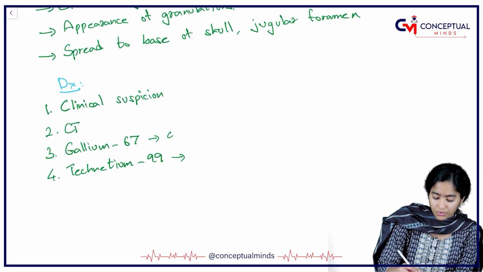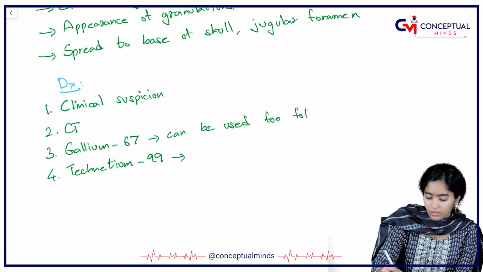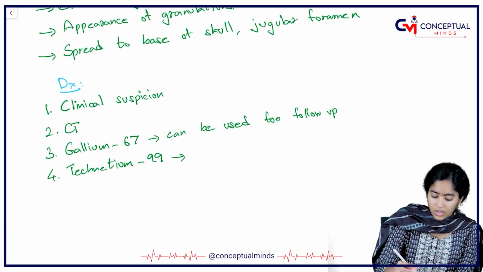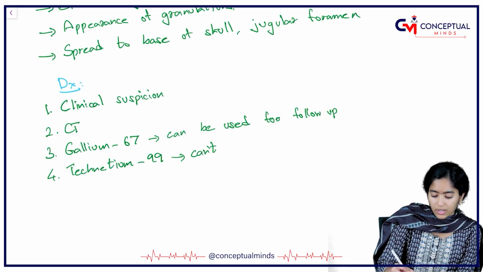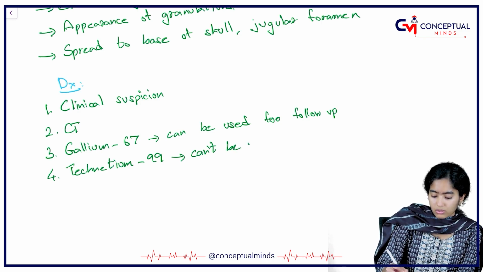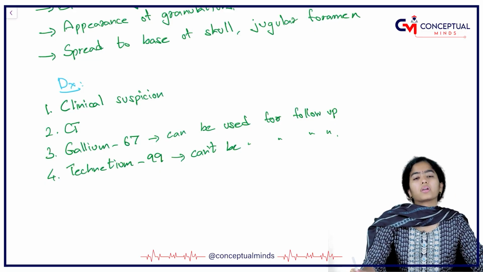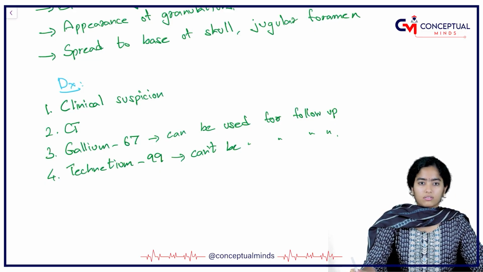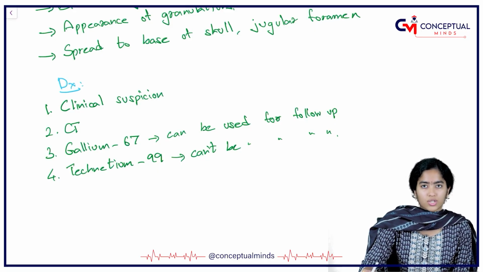Gallium can be used for follow-up. Technetium-99, although it is more sensitive and specific, can't be used for follow-up. So we do these investigations, and finally we have understood it is malignant otitis externa.